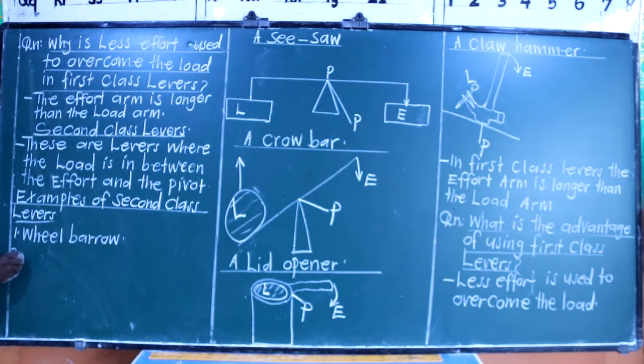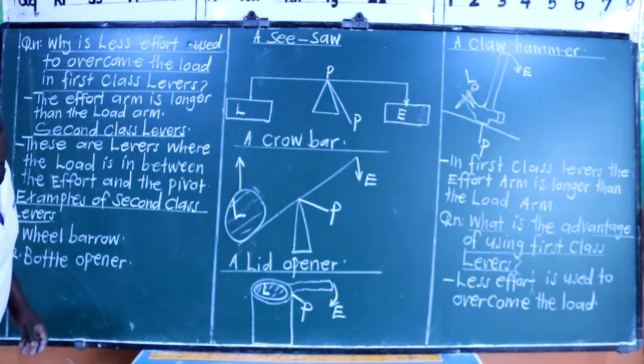Number 2, we have a bottle opener. Then we have the human foot.